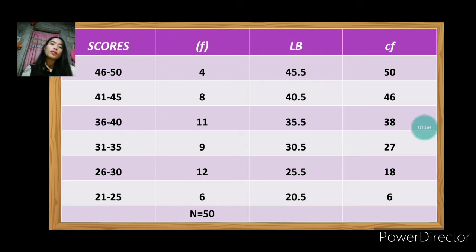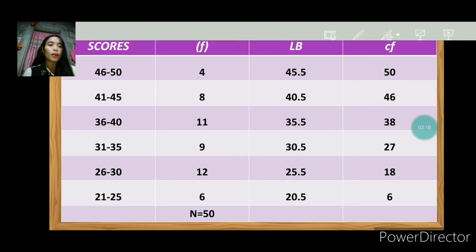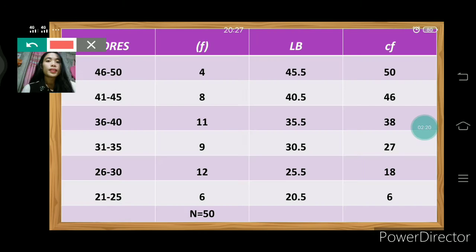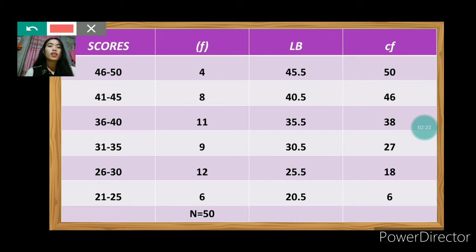In getting the LB, we'll focus on the scores, the lower scores. Here we have 46, 41, 36, 31, 26, and 21. So wait, I will use some pen in order for us to know.